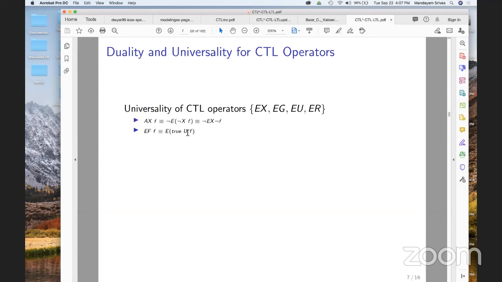F can be expressed in terms of U. AG similarly, you can replace A, the universal quantification, by existential quantification, by taking the negation and then pushing the negation inwards to express AG in terms of not of EF.